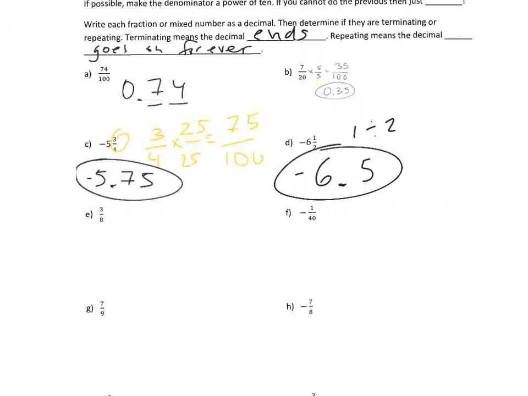Okay, the only thing we haven't talked about yet is the word terminating and repeating. So far, have any of our decimals repeated? No. Hopefully you said no. None of them repeated. They've all had a termination or an ending. So A, B, C, and D, you should be writing terminating.